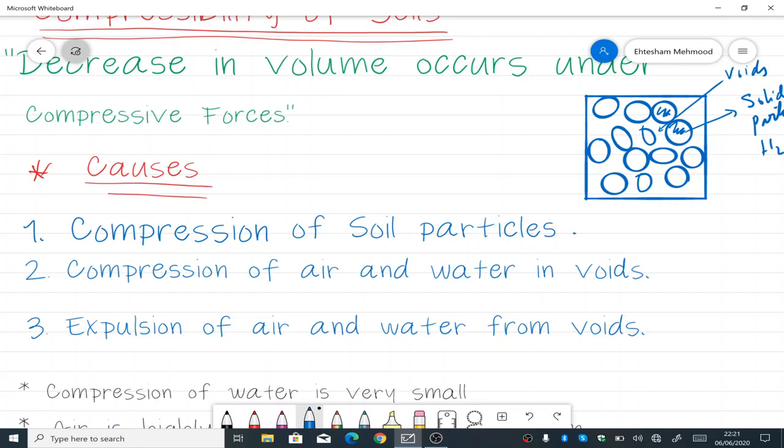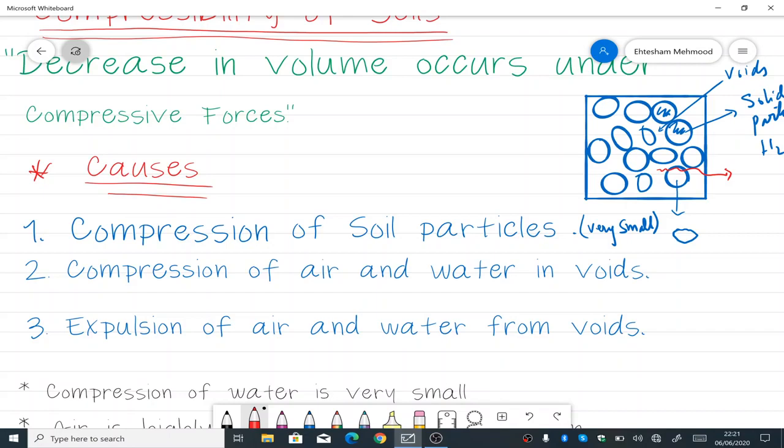That means these soil particles get compressed or deform. If that happens, the amount is very small. The second reason for compressibility of the soil can be compression of air and water in the voids. That means the air or water present inside the voids gets compressed. Air is highly compressible, so if air is present inside the voids, it can be compressed by a very large amount.